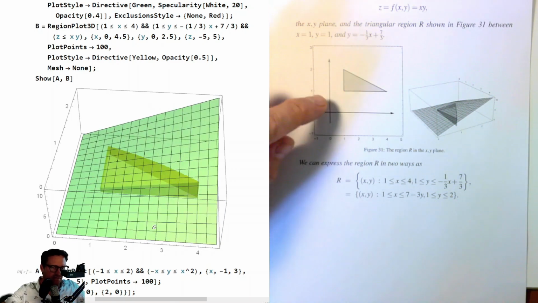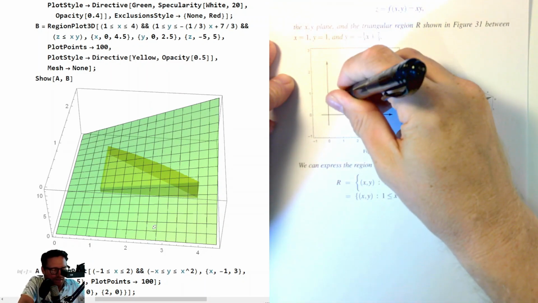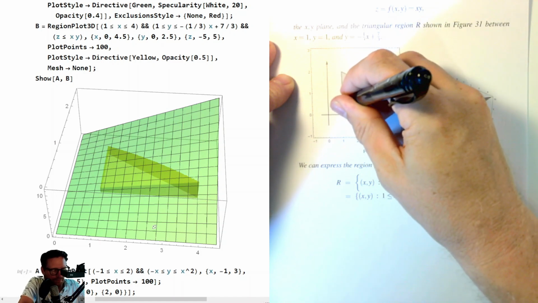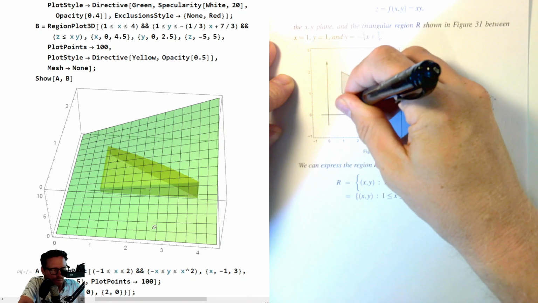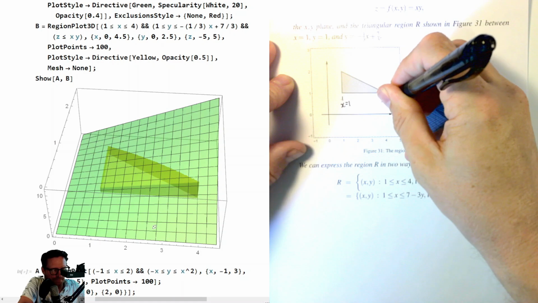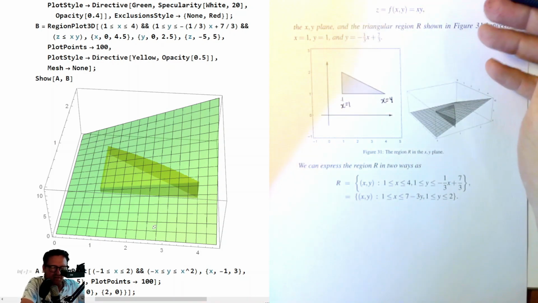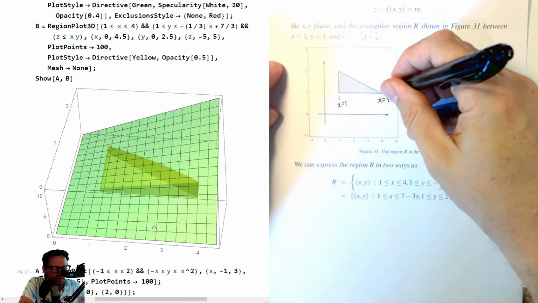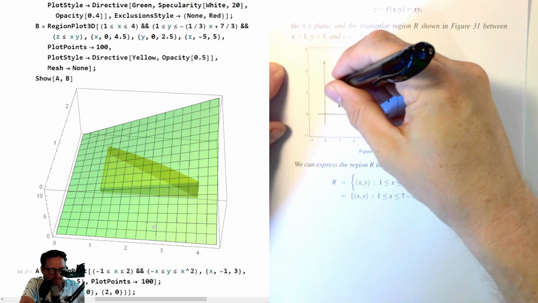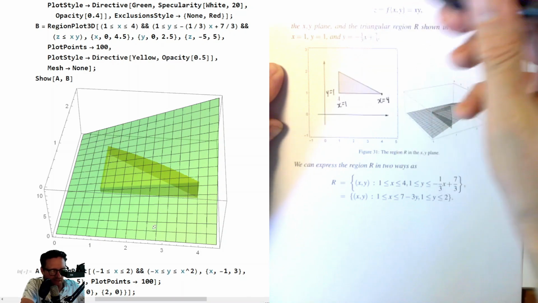Okay, so first let's draw on this picture. So we've got x going from 1 up to x equals 4, right? So these are two constants. Remember, in the integral, the two constants go on the outside. Okay, now what about y? So what is y between? y is between 1, and it's under this line.